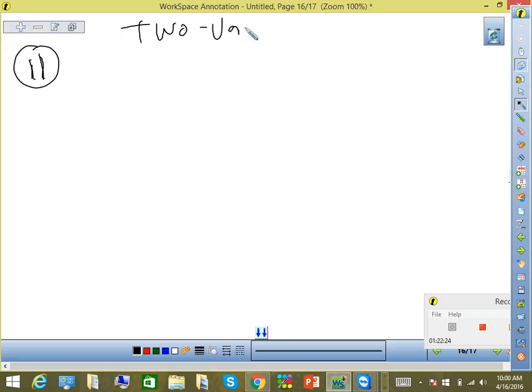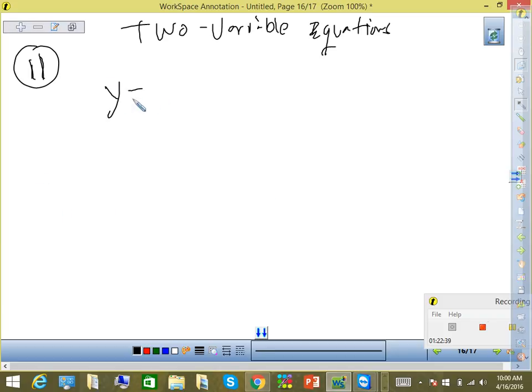Two-variable equation. Here we go. Write this down. Y equals 2x plus 5. The name of this equation, look up please.